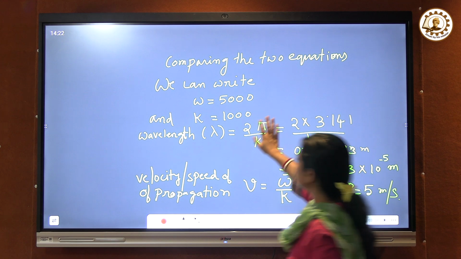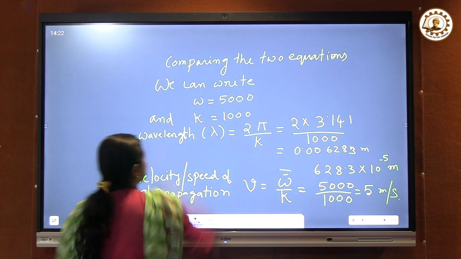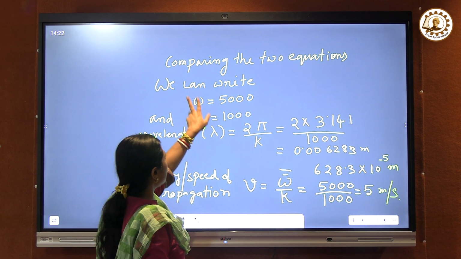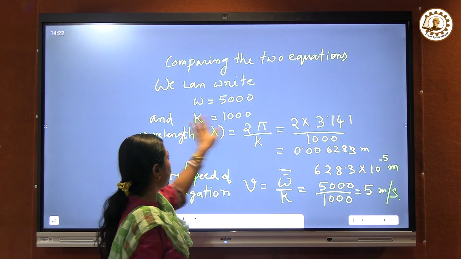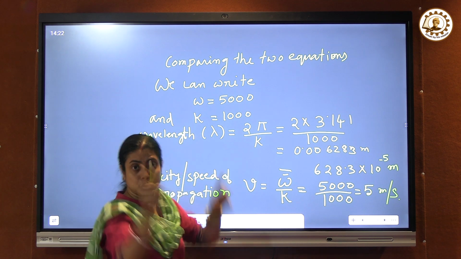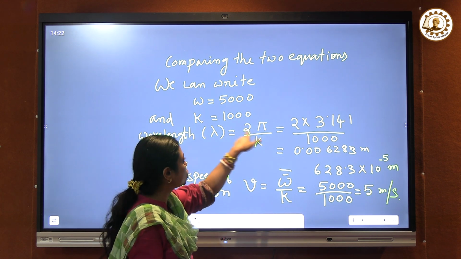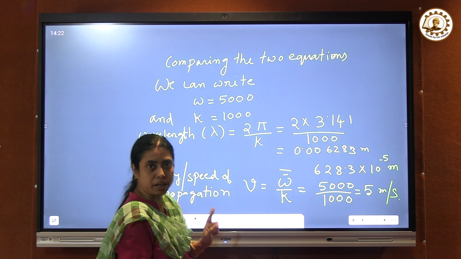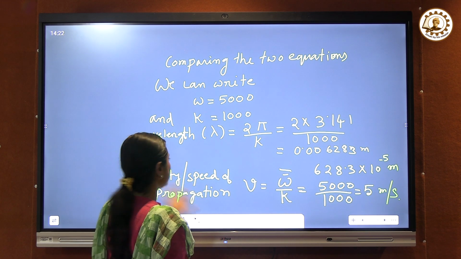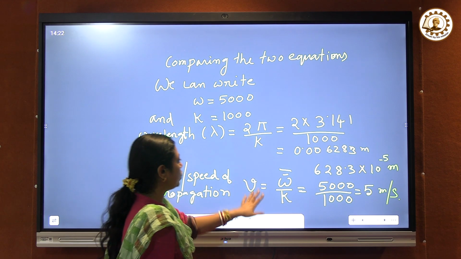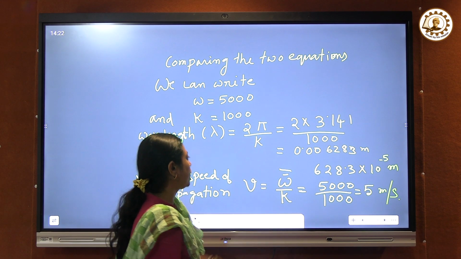After that, we considered the value of angular frequency 5000 and the wave number 1000 k. We used two important relations: 2 pi by k equal to lambda, and for the velocity or speed of propagation, v equal to omega by k.